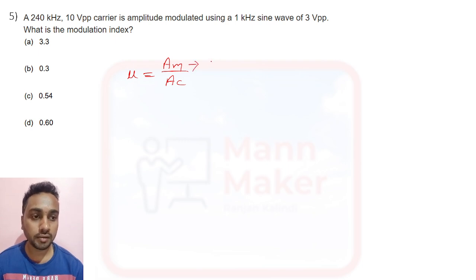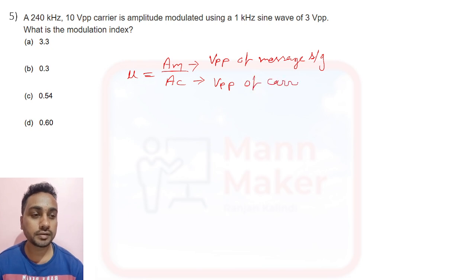Am is the peak to peak voltage, that is VPP, of the message signal. Okay, and Ac is again the peak to peak voltage of the carrier signal.